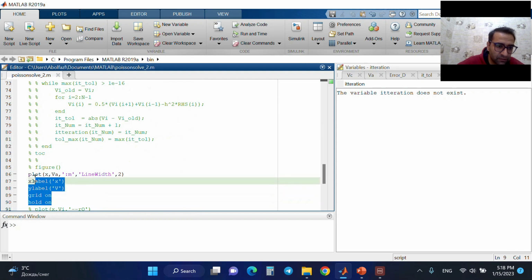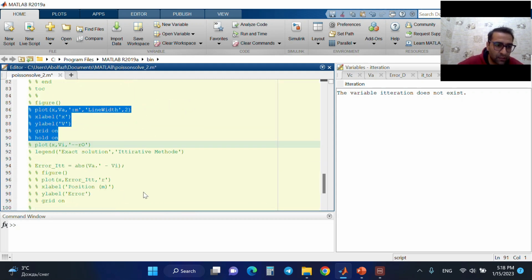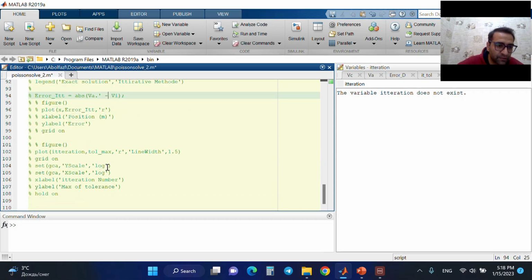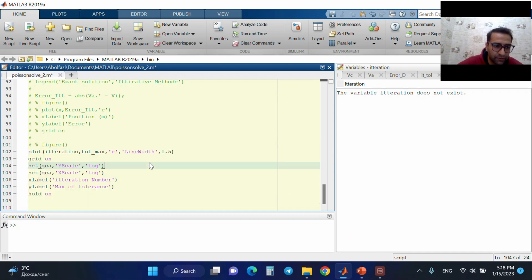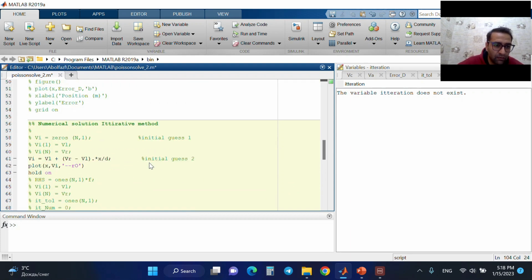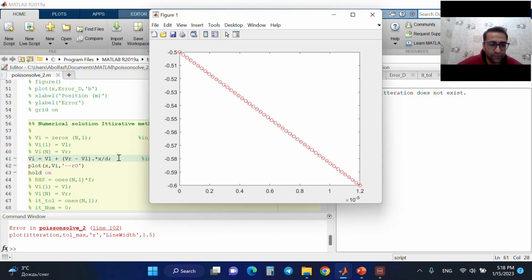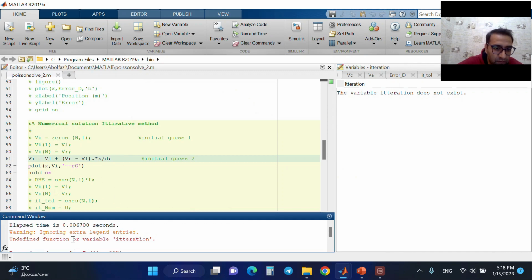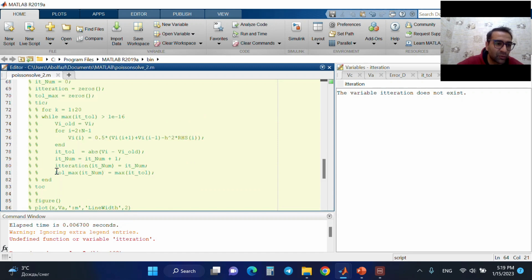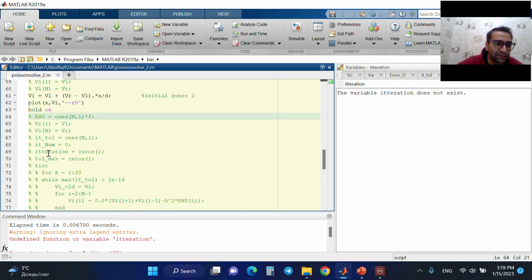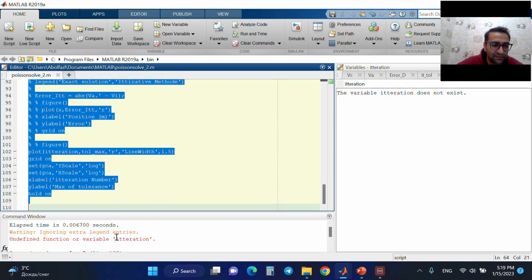Therefore, I need to disable this. What else? I need to enable this one. Now we have the second initial guess, F5. What is the problem? Undefined iteration. Oh, sorry, I need also to enable all of this.